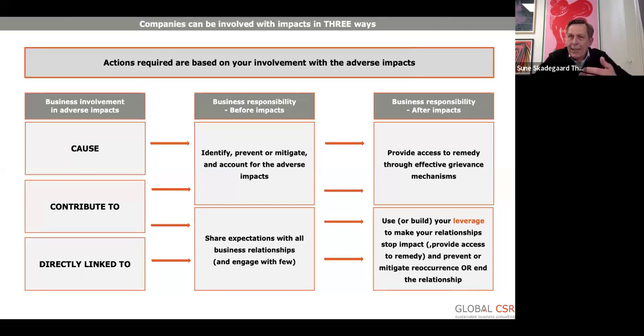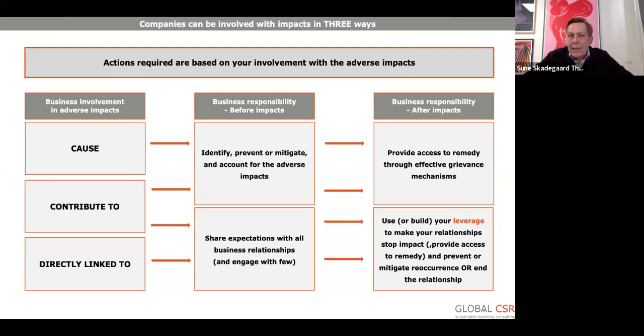So you should identify the risk, you should do something to prevent and mitigate the adverse impact from occurring, and you should account for what you are doing. And accounting for means that you should track the effectiveness of your actions to prevent and mitigate, and you should be able to communicate at least to the impacted stakeholders, as the stakeholder engagement required by the guiding principles, and to your business relationships, what you identified, what you do to prevent and mitigate, and how you track effectiveness.